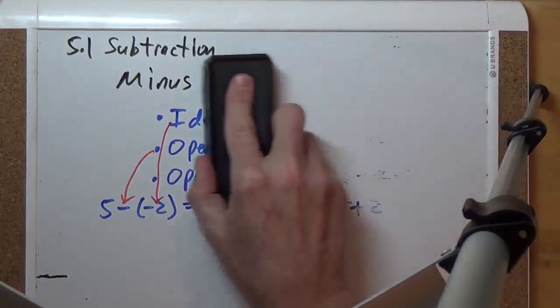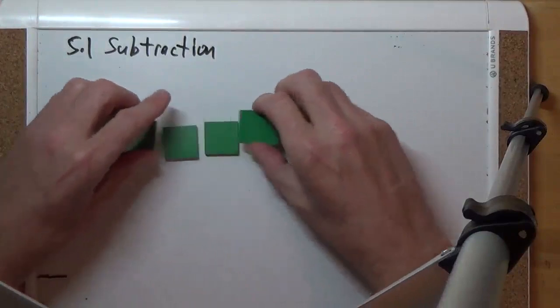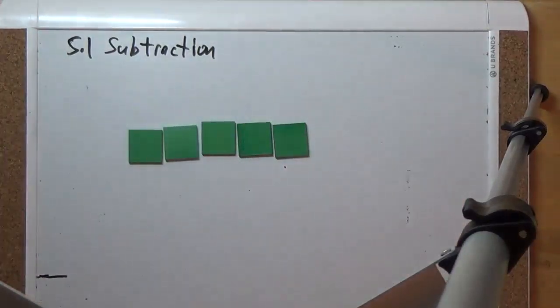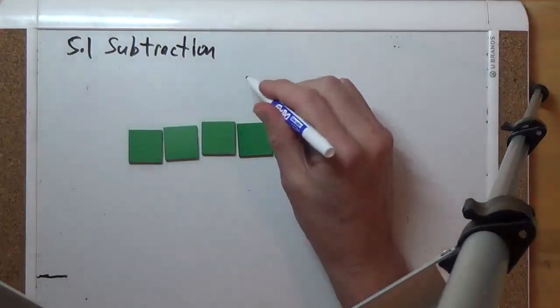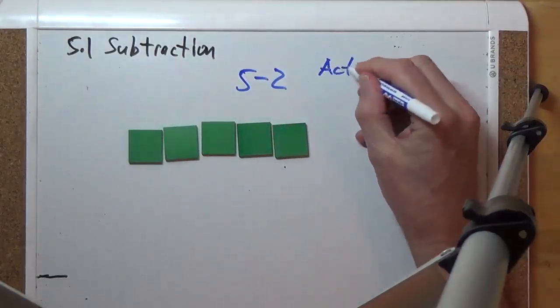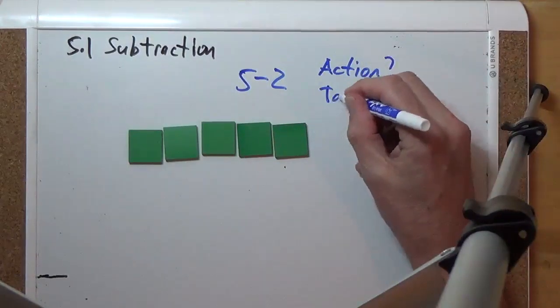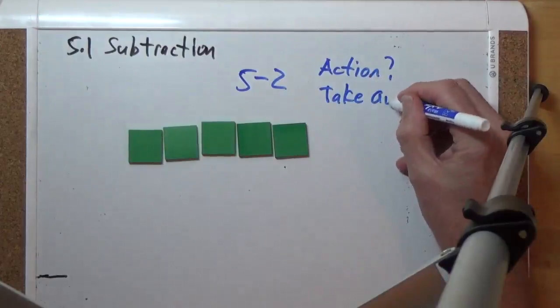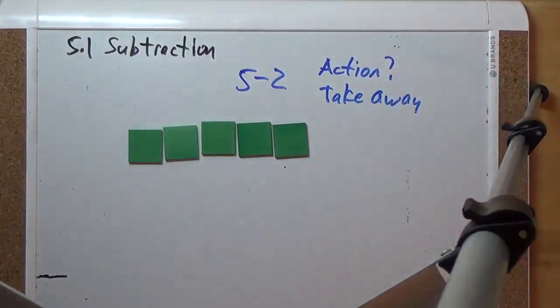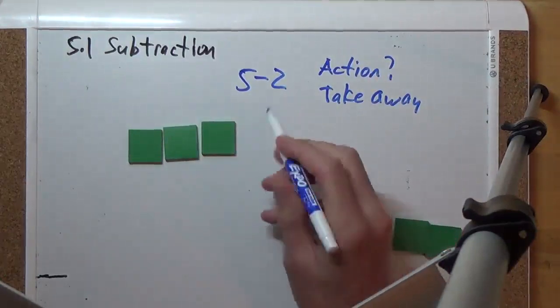Okay, let's look at subtraction. I'm going to do the chip model first, because you grew up doing this. You just didn't know it. You did grouping. So let's do 5 subtract 2. What does the action say? Okay, you learned it as takeaway. So 5 subtract 2. You did the action, you ended up with 3.